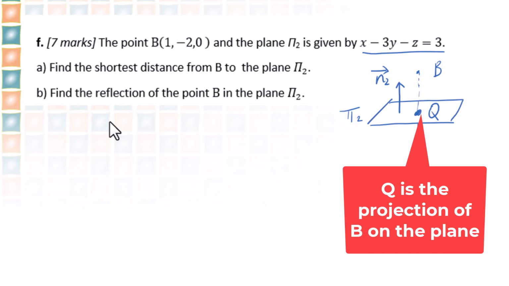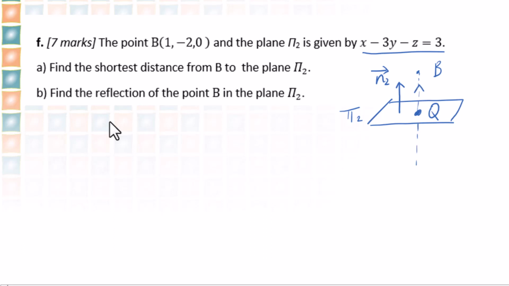The vector BQ is parallel to normal vector n2. In this way, we can write down the equation for the line BQ. r equals position vector B, 1, negative 2, 0, plus t times the normal vector for pi 2, 1, negative 3, negative 1.